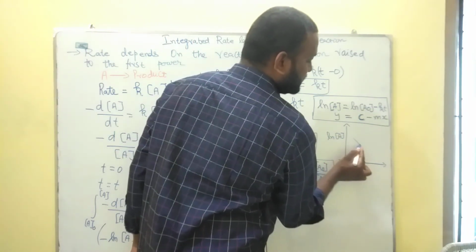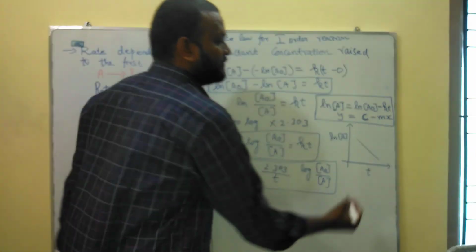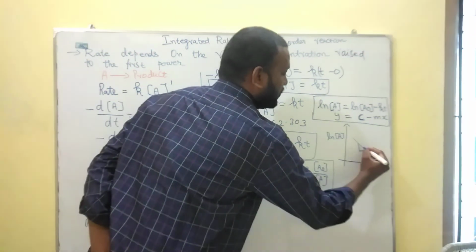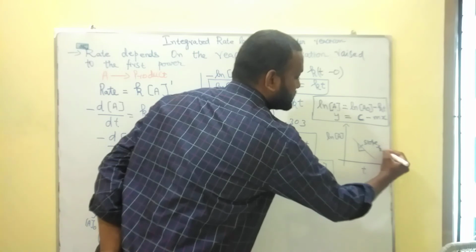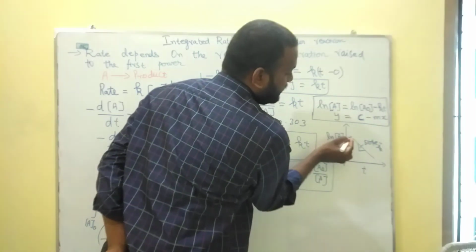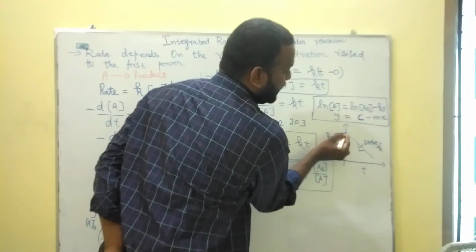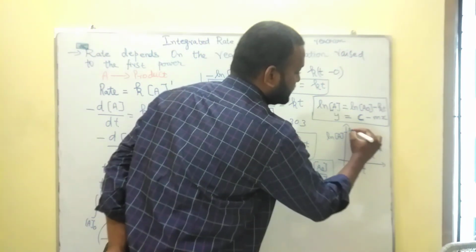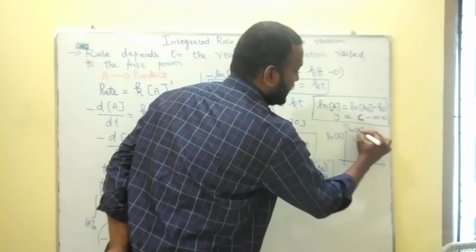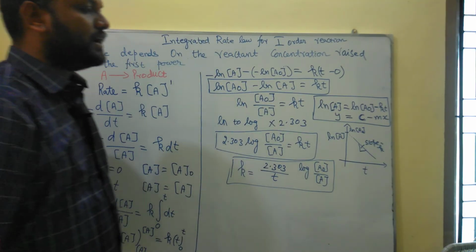So the graph is like this. Here we have the slope, which is a negative slope. The slope value will give you the rate constant k. If the graph is extrapolated to the y-axis, that y-intercept is ln A0, and the slope is k.